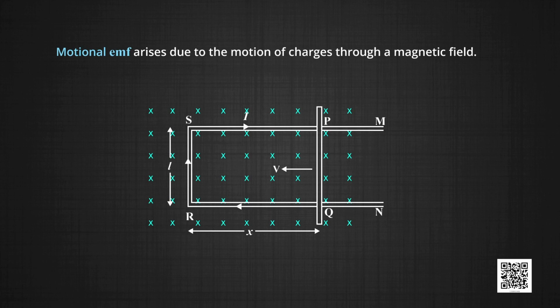In order to keep the flux the same, it will induce a current upon itself such that flux increases, in the direction which will be given by Fleming's right-hand rule, that is from P, S, R, Q. So, the direction of the current is clockwise. It will be interesting to find the direction of the current by the direction of flow of charges.